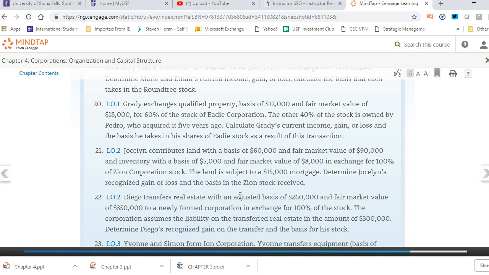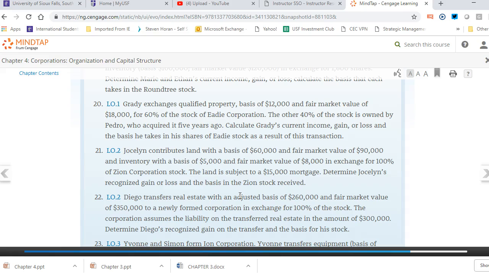Okay, so first things first is this does not qualify for the Section 351 for a couple of reasons. There's an 80% threshold. So Grady's putting in his property and receiving 60%. So right away he doesn't qualify. Also, this has to happen kind of immediately. There has to be a plan going into doing something like this.